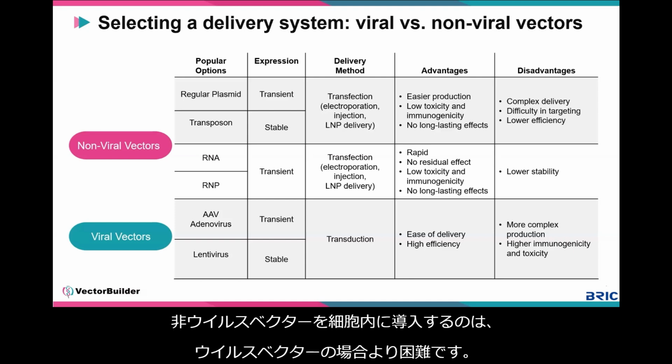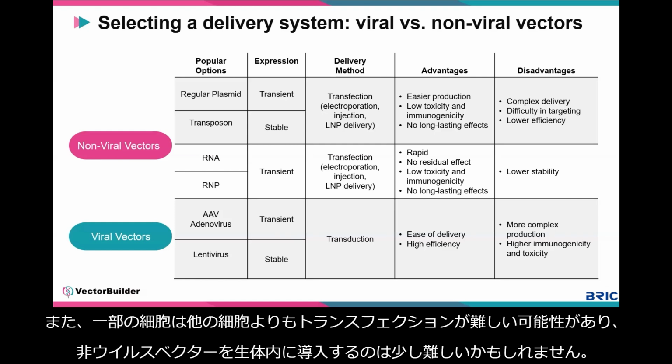It's more challenging for non-viral vectors to be delivered inside the cell, and some cells might be harder to transfect than others, and it might be a little bit of a challenge to transfect non-viral vectors into in vivo systems.